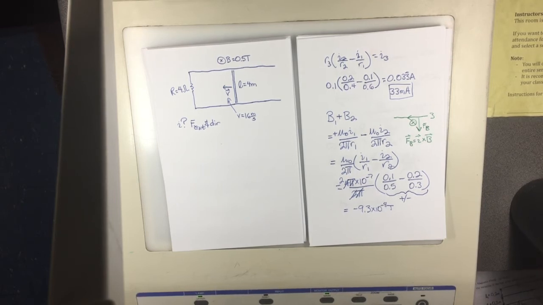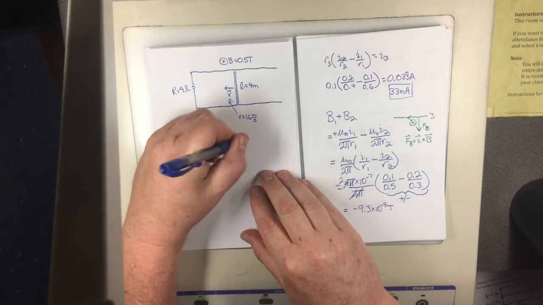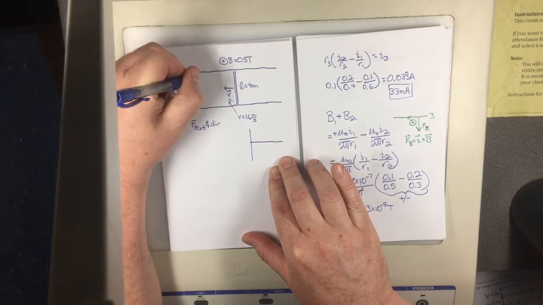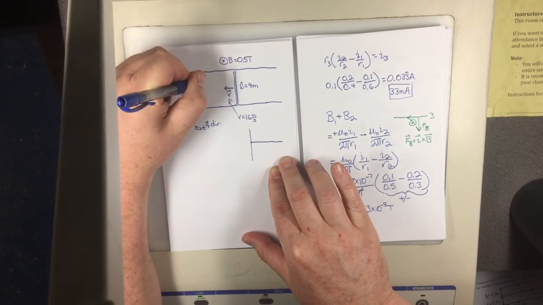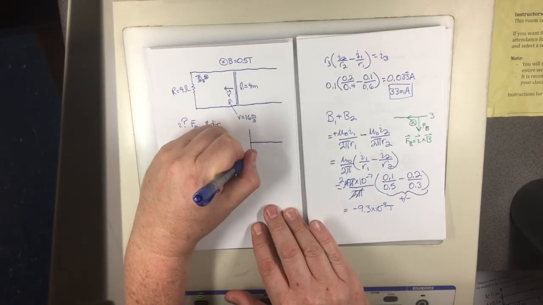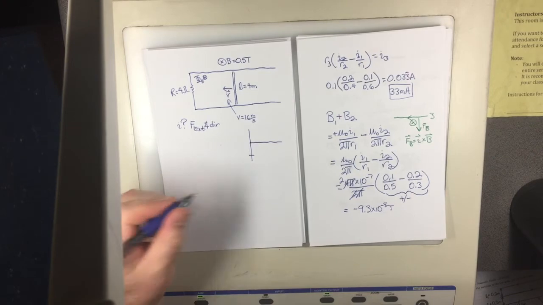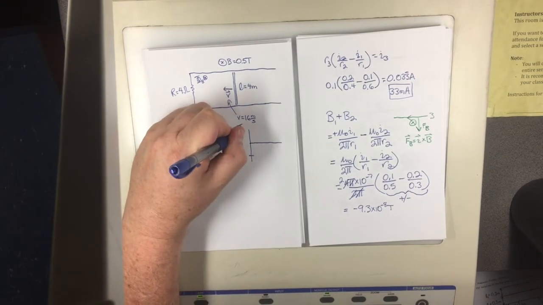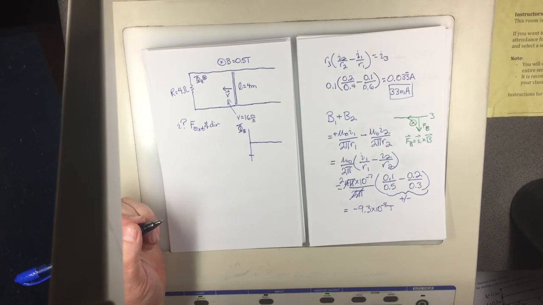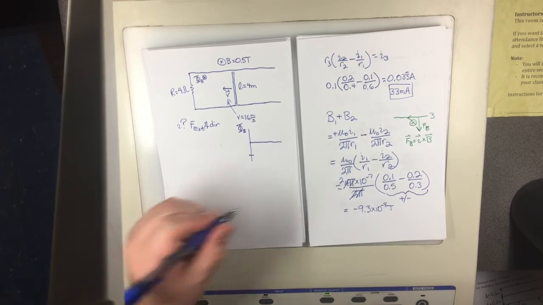Now, in this particular case, the flux is into the page. So the initial flux is down here. The window is closing, which means that there is less flux getting through it.